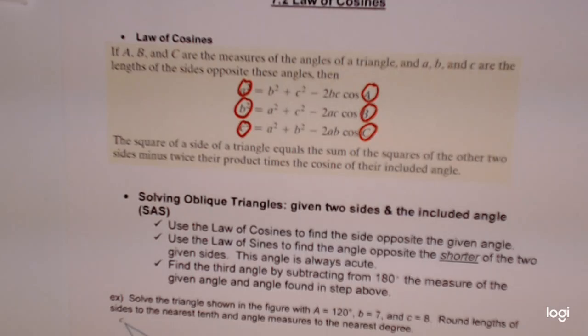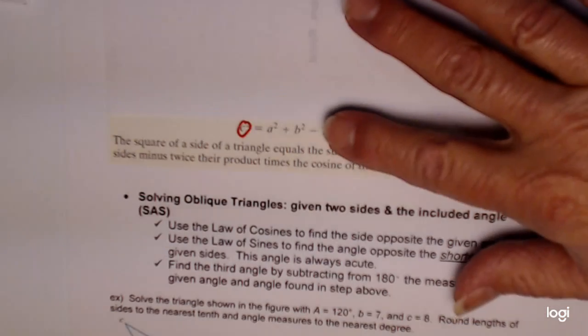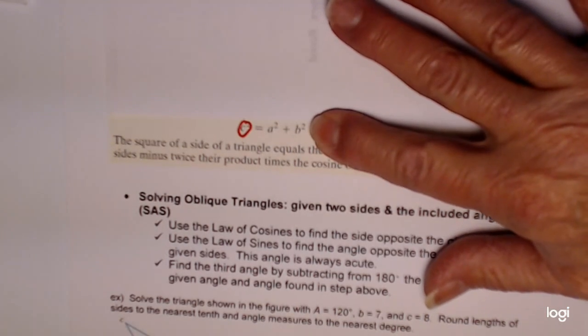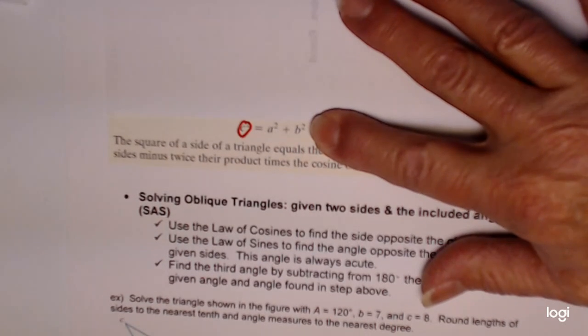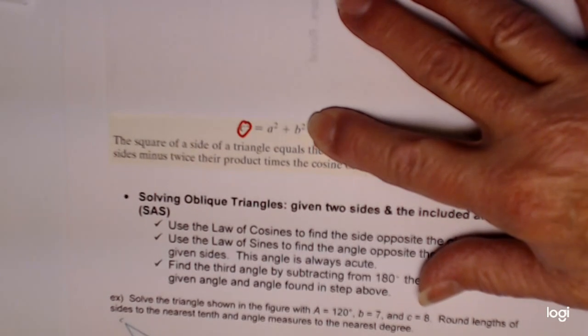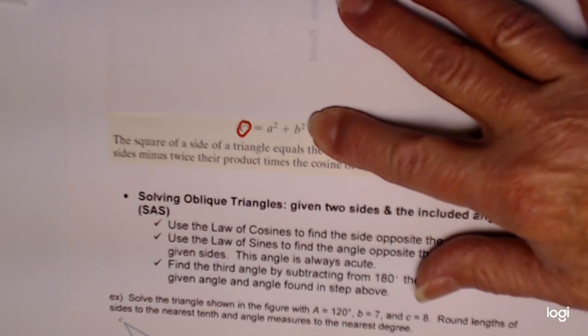So what I want to do first is take a look at this last version here, and I'm going to cover this up for a minute. We see we have c squared is equal to a squared plus b squared. Well, that's the Pythagorean theorem that we know and love. So our law of cosines starts out looking like the Pythagorean theorem. C squared is equal to a squared plus b squared.